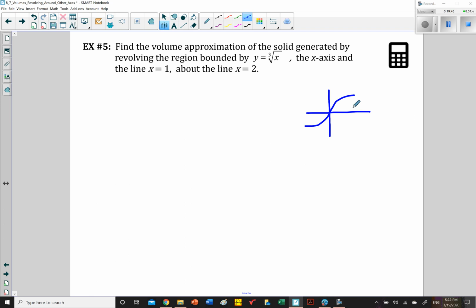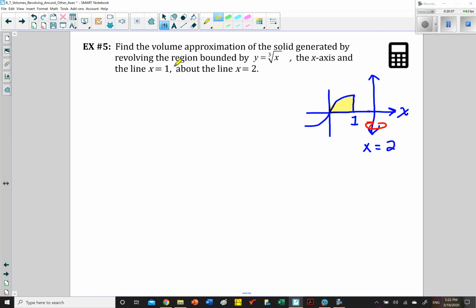And we're going to stop at x equals 1. We're going to revolve it around the line x equals 2. This is our x-axis. This is the axis of rotation. Here's the shape, this little region here.